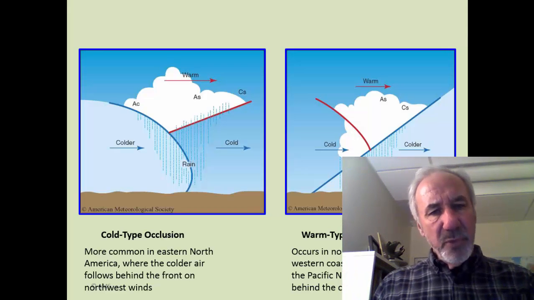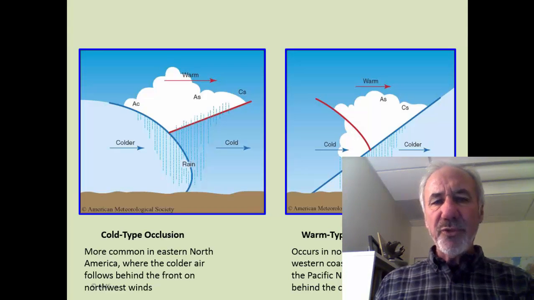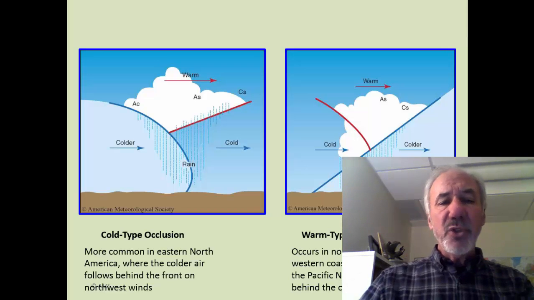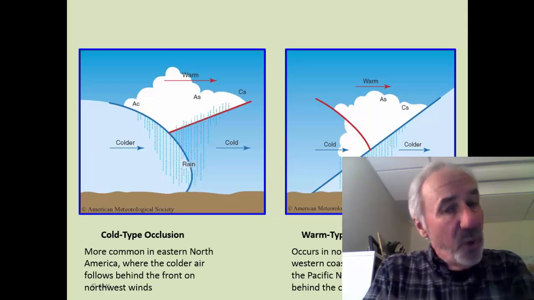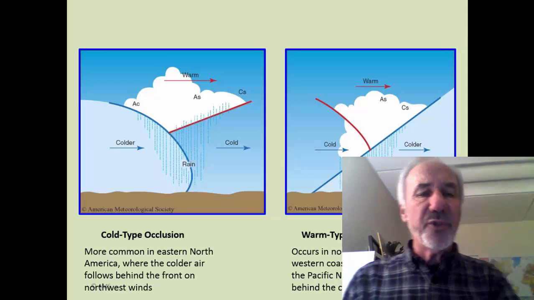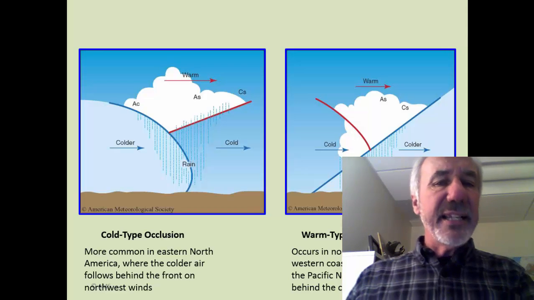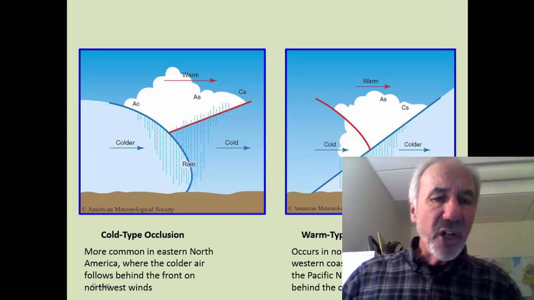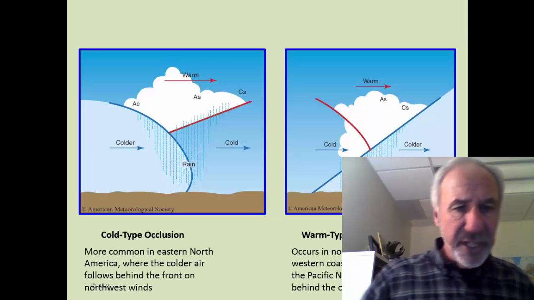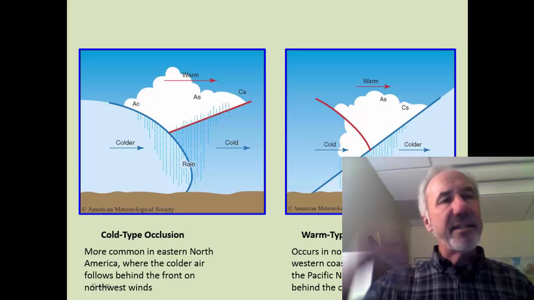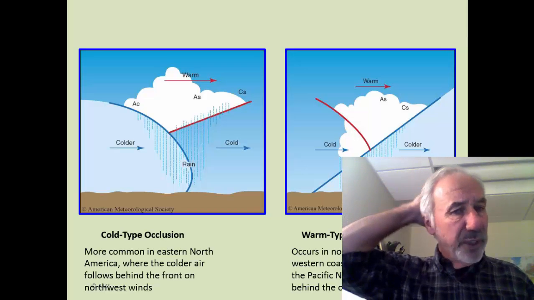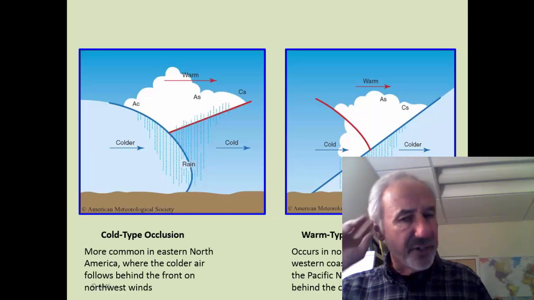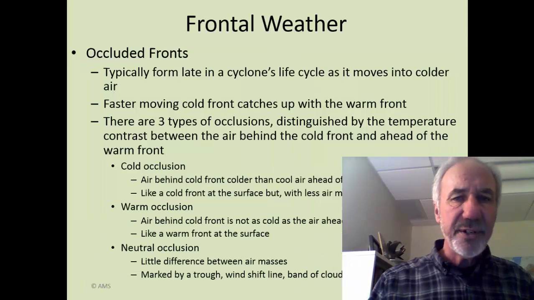So a cold front's moving in, it catches up with the warm front, and now that warm front is above the ground, but the colder air moving in is colder than the cold air that was behind the warm front, so it's also displacing that cooler air that's depicted as cold on the right side of the screen. So that's a cold type of occlusion. That's going to happen when we get continental polar air moving out of Canada, moving into the eastern United States or eastern Canada. That's typical in the wintertime.